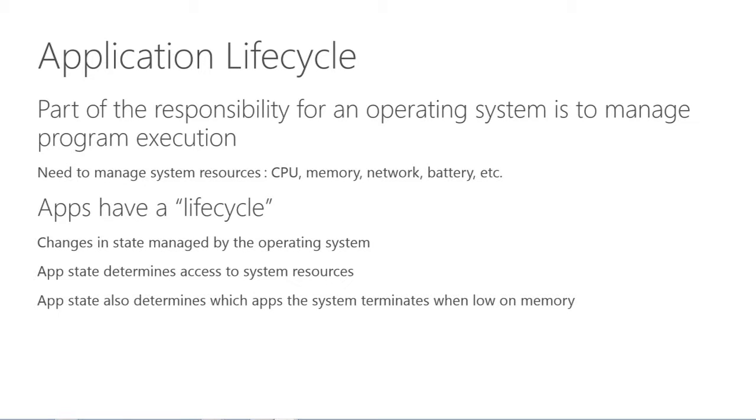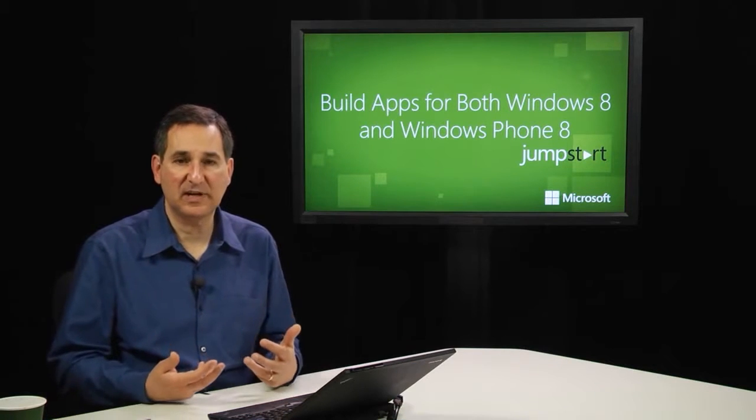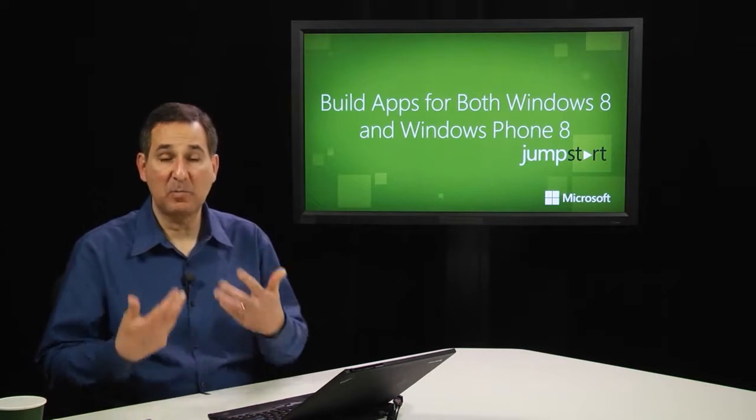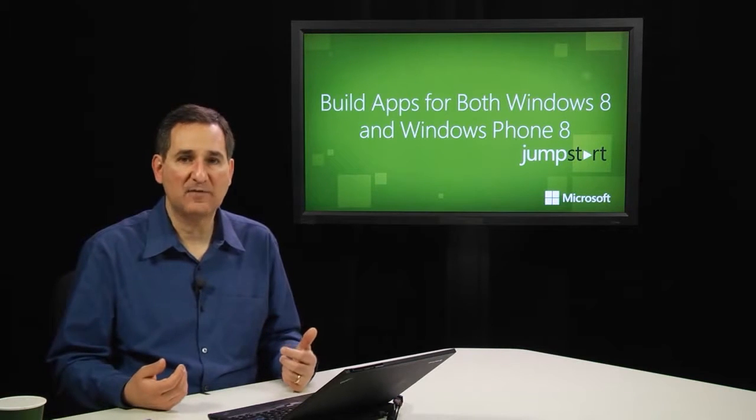The first area I wanted to talk about was the application lifecycle. Part of the responsibility of the operating system is to manage that. It manages things like the CPU, memory, network, battery, all of that good stuff. And in order to do that, Windows 8 and Windows Phone 8 have a very specific lifecycle that they've imposed on apps that are built for the platforms.